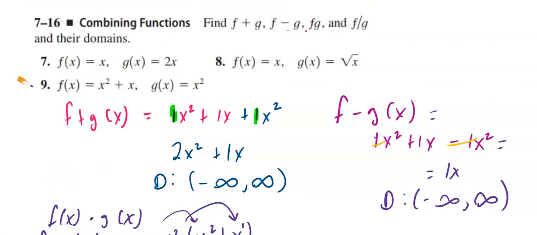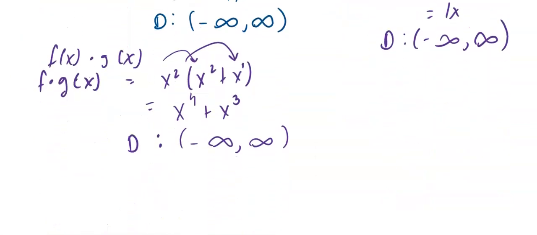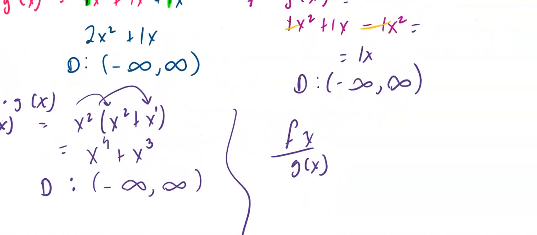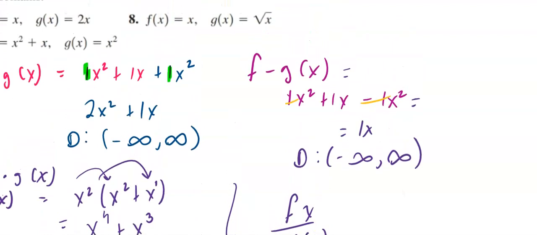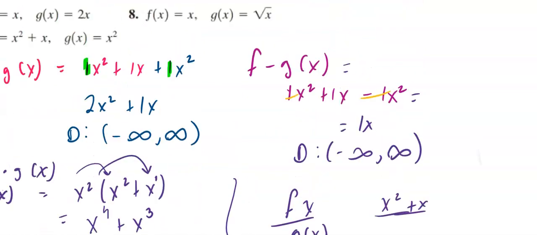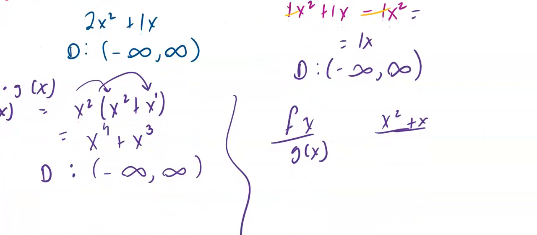So we're going to say we want f over g of x. So last problem is going to be f of x divided by g of x. And f of x is x squared plus x. And g of x, just double check, is x squared.